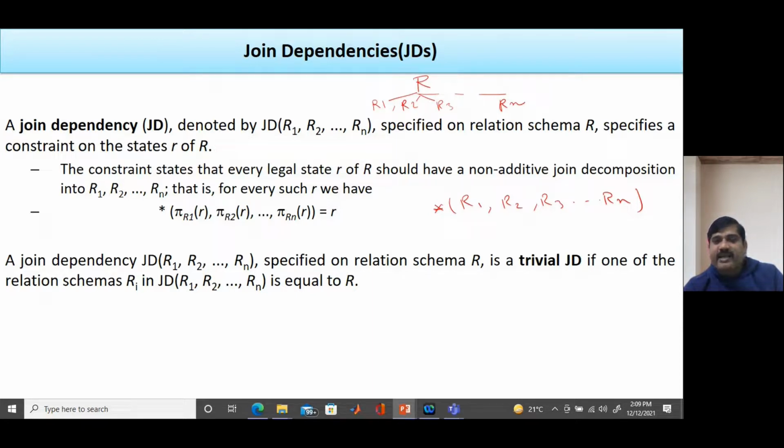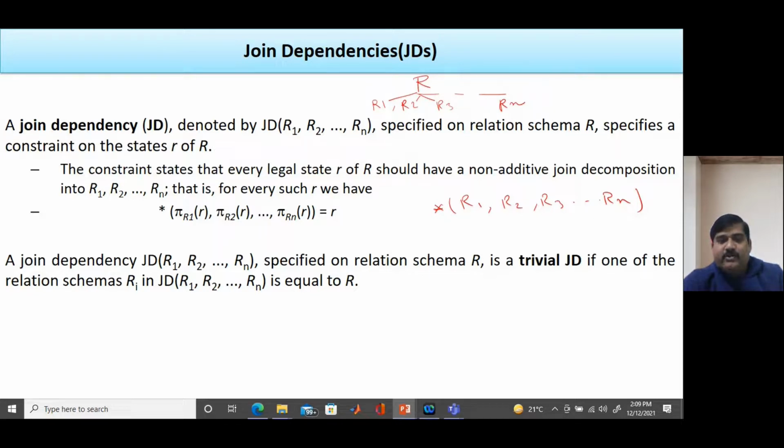So if any non-trivial join dependency exists in the relation R, then we have to decompose that relation into various subschemas. In this way, we can remove the join dependencies, and that relation will be in fifth normal form after removing the non-trivial join dependencies.